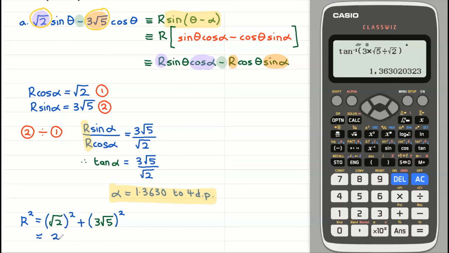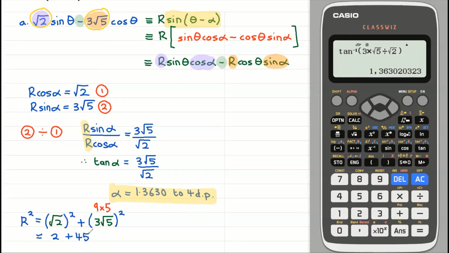And we have to square the 3 and the √5. Well, 3 squared is, of course, 9, and the √5 squared is, of course, just 5. So it's the product of 9 and 5, isn't it? Which is 45. And we add those together, so it's 2 plus 45.